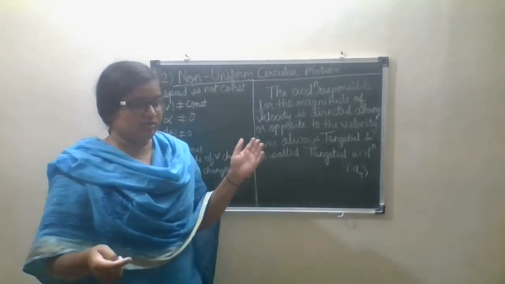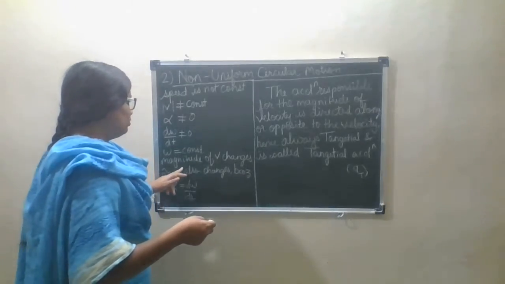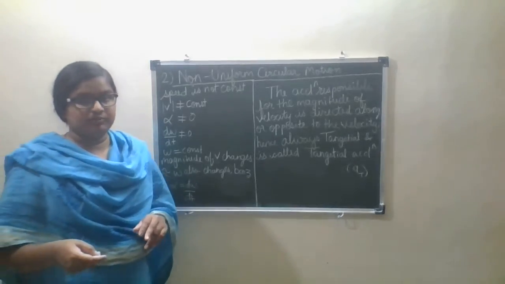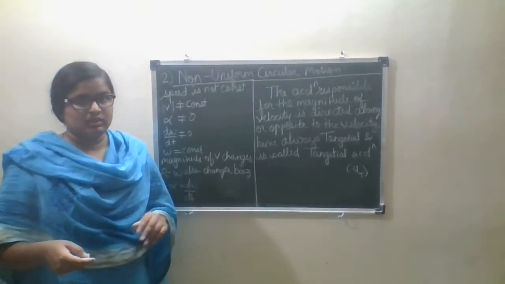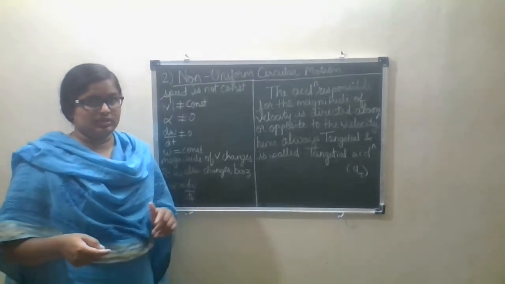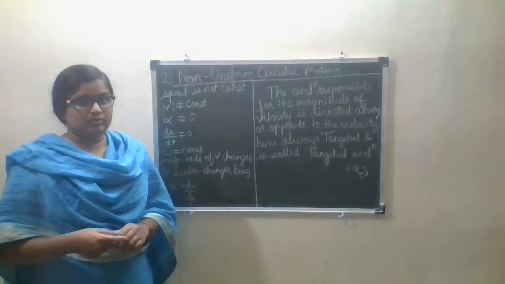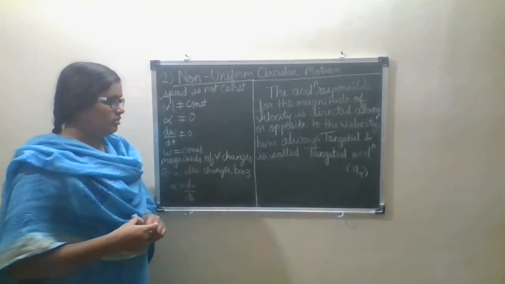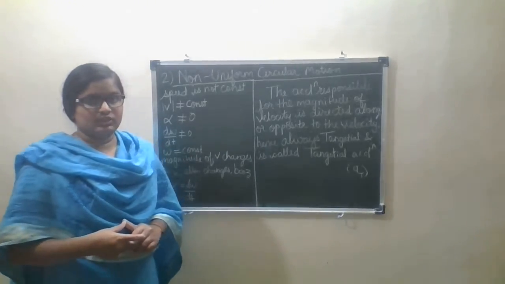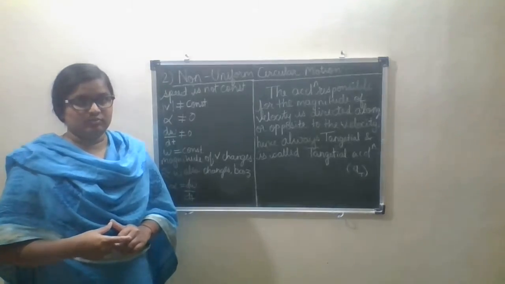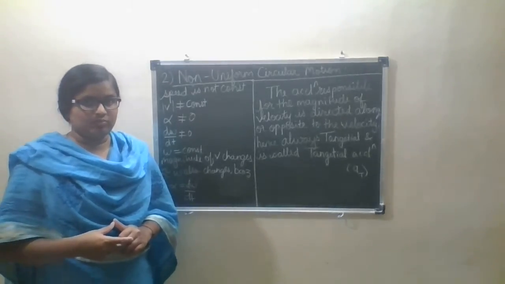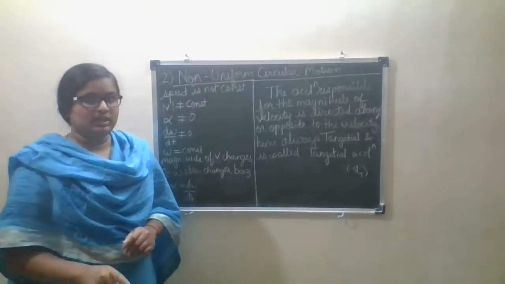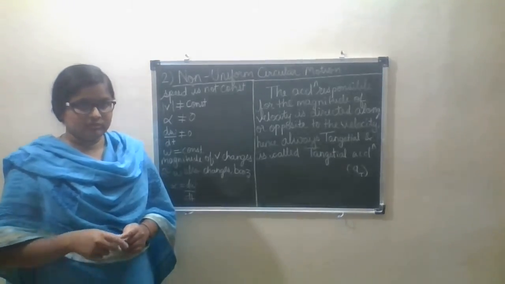Now we have to see this. When the magnitude of the tangential velocity changes, the corresponding omega also changes. Why? Because alpha is equal to d omega by dt. As we saw in the previous lecture, the tangential velocity moves with the particle, always tangential to the circle.